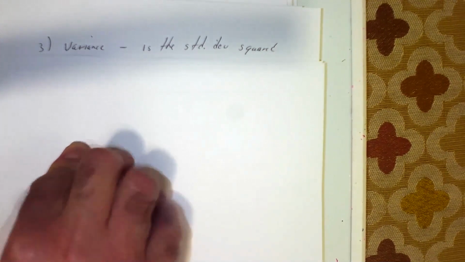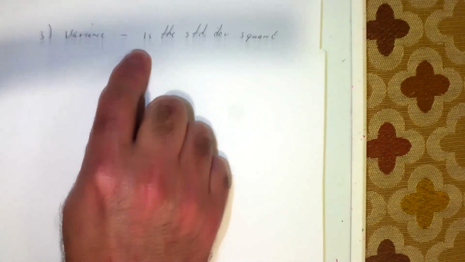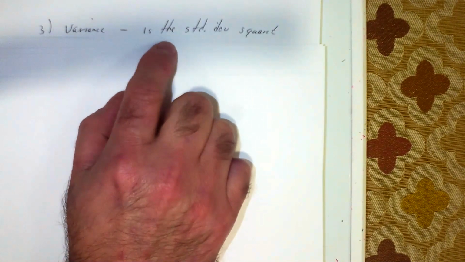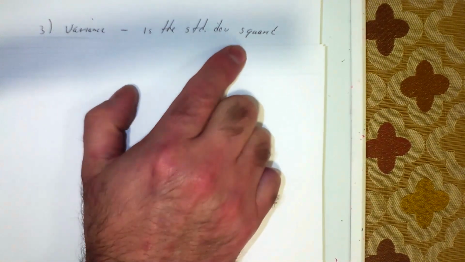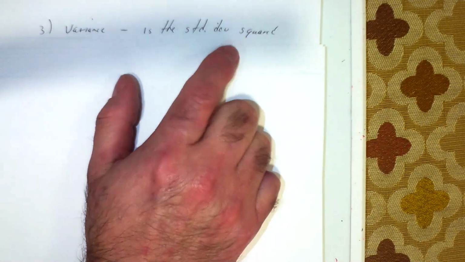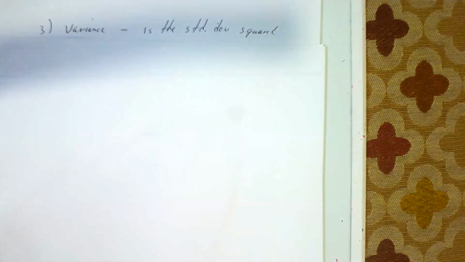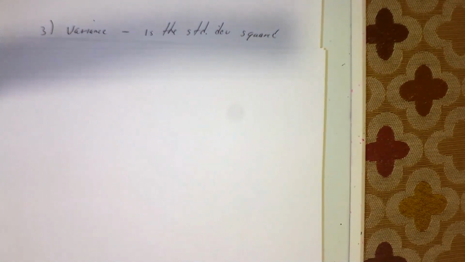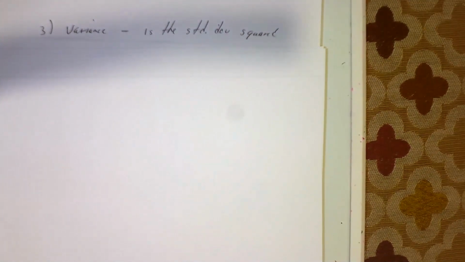So what is variance? Variance is pretty much the standard deviation squared. That's basically what it is. A lot of people don't use variance much because it's just a huge number. So they really don't use that number for anything except for studies, just to make their study look interesting.